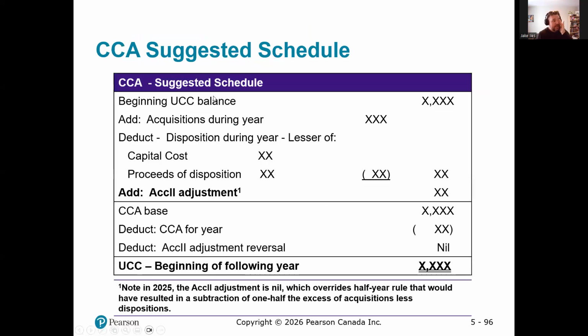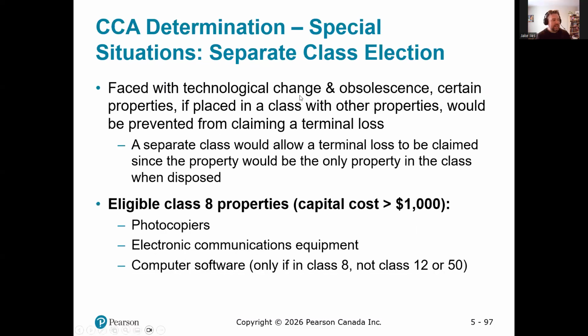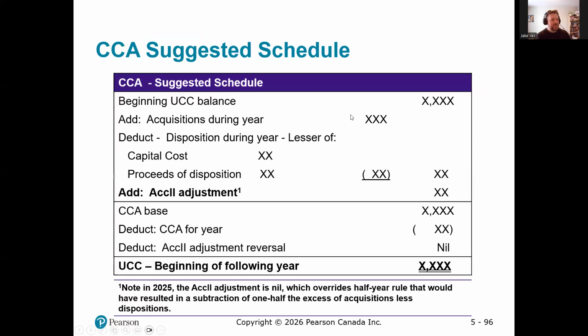The CCA suggested schedule deals in this style. Our beginning UCC, our acquisitions are added, we deduct the lesser of capital cost or proceeds, and if there's a net addition, we consider half-year rule and accelerated incentive. Good thing for this year, half-year and accelerated incentive are undoing each other, so it's just netting to 100% of whatever your UCC is.